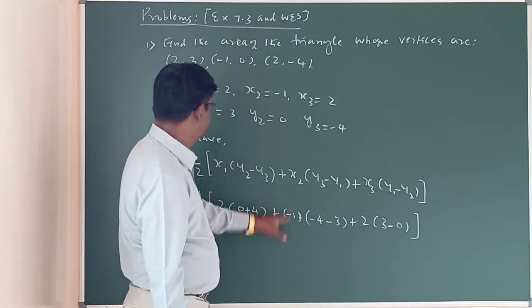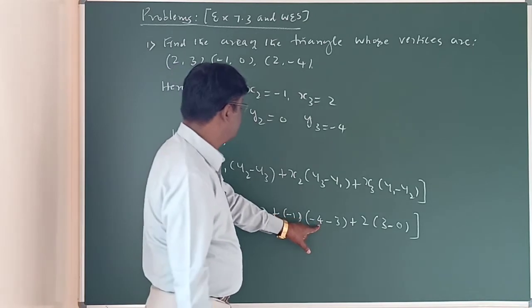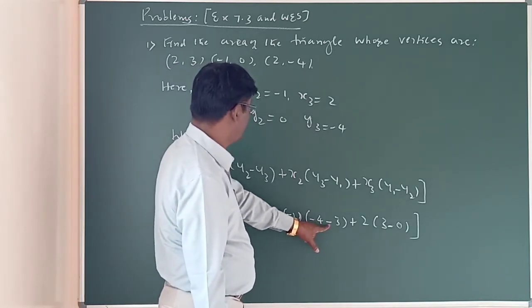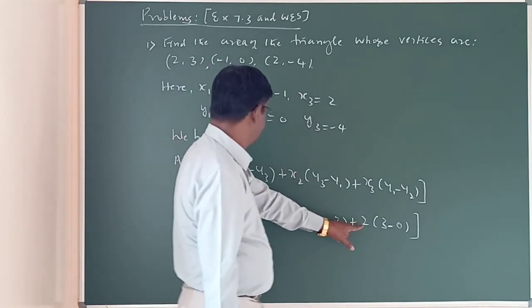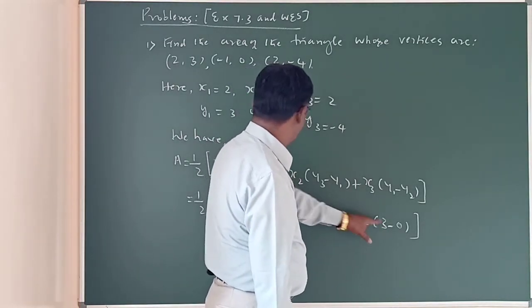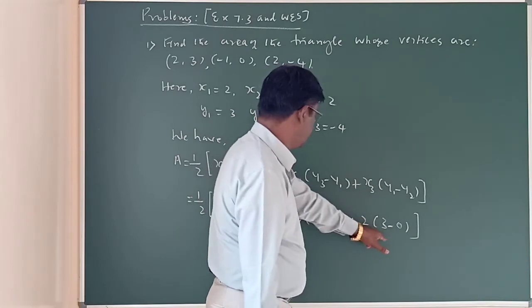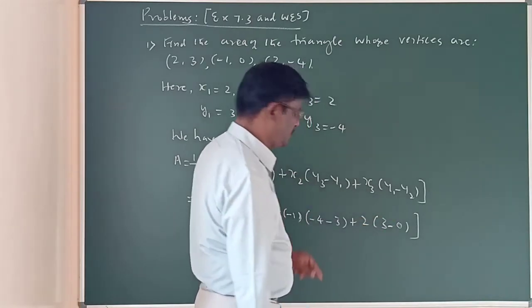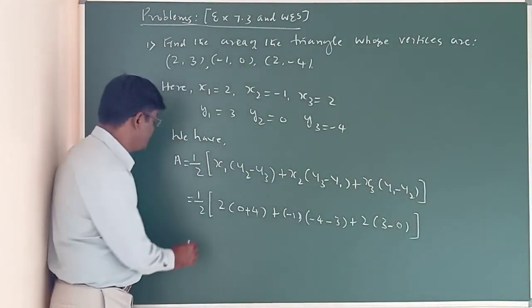Next x2 minus 1, then y3 minus 4 minus y1 3, x3 2, y1 3 minus y2 is 0. Yes, it's correct.